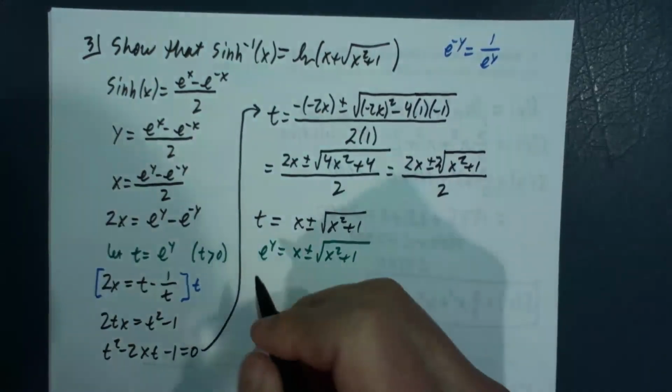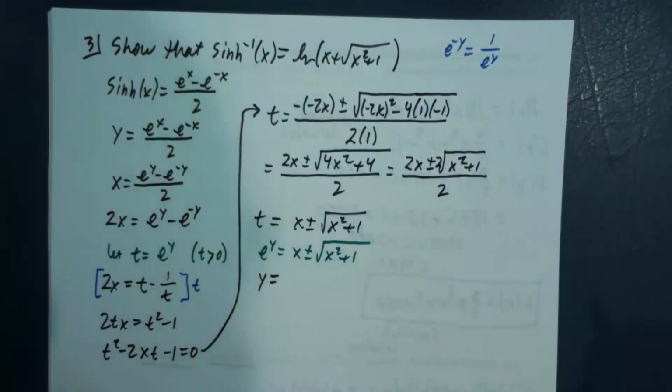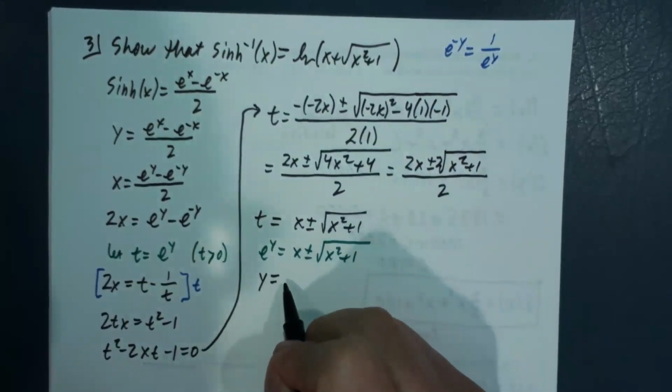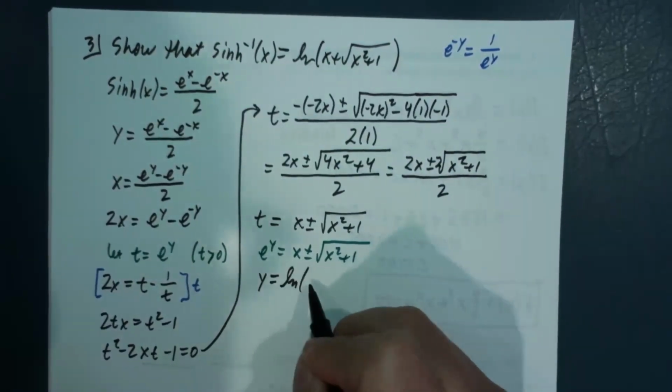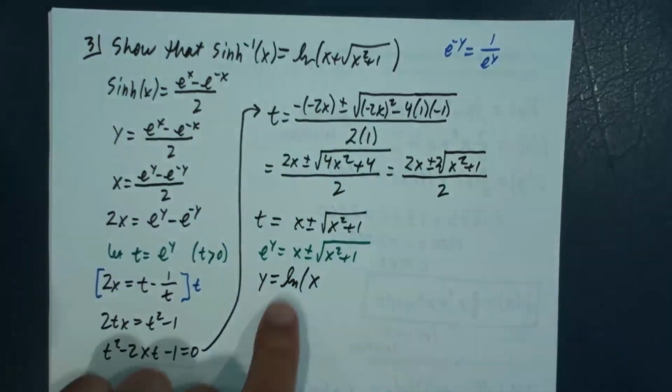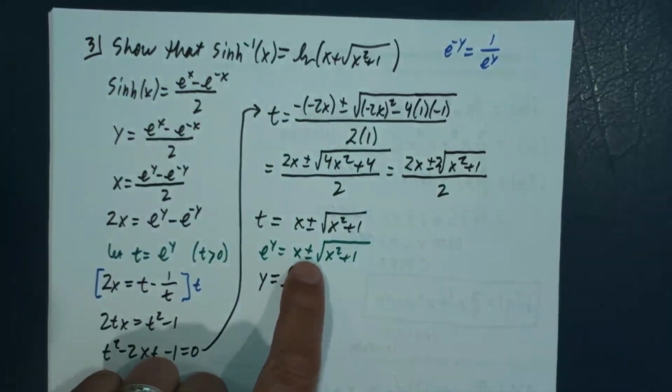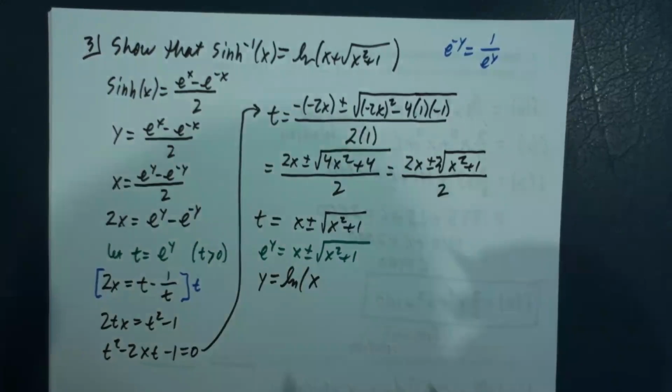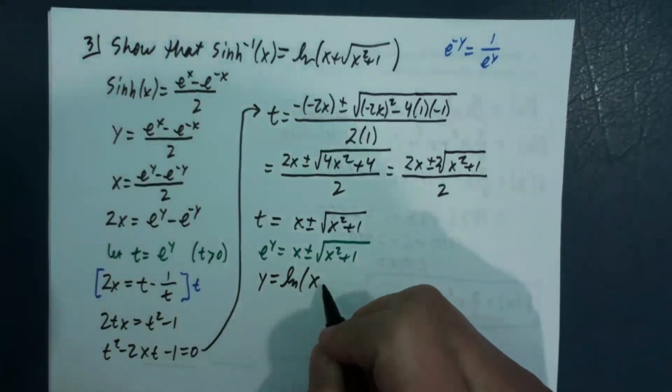Which means that y is the natural log of x. Now, we're not going to do minus because we're only talking about real numbers. So this is going to be plus.